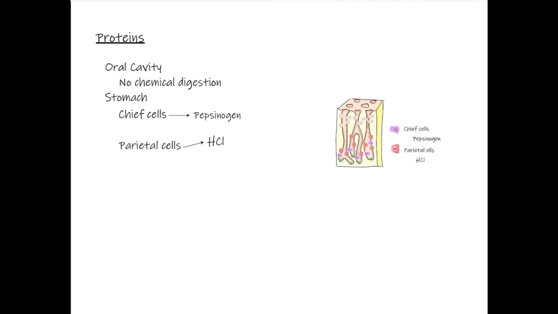Pepsinogen is inactive, but in the acidic environment produced by the secretion of the parietal cells, hydrochloric acid converts pepsinogen to its active enzyme, pepsin. Pepsin can then activate additional pepsinogen, creating more pepsin. Pepsin also acts on dietary proteins, breaking them into smaller peptide fragments. These peptide fragments then pass into the small intestine.